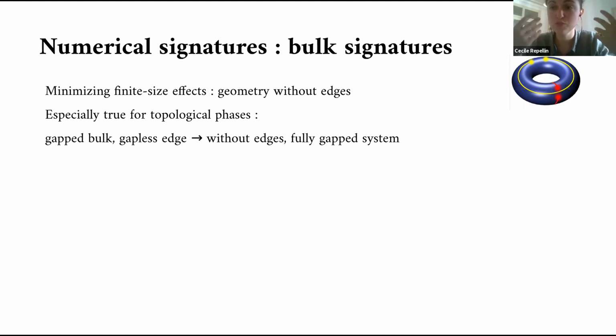So if you choose a geometry that doesn't have these edges, you don't have any edge modes. So you have a system that's fully gapped. Typically, this just makes things easier, and it's easier to extract quantities that are universal and robust with system size.